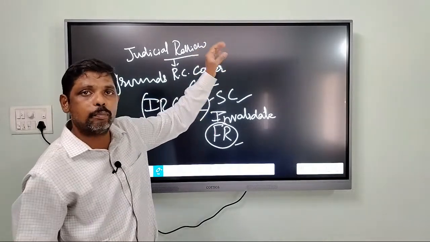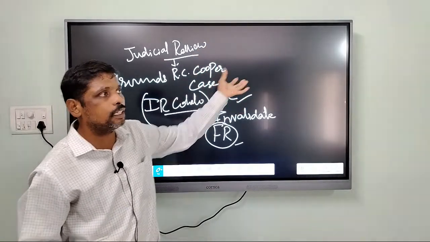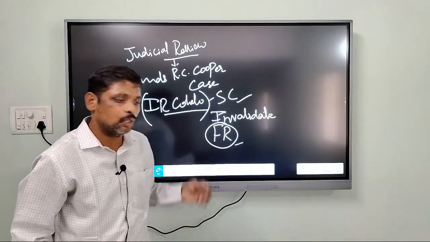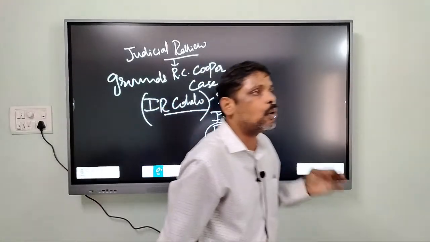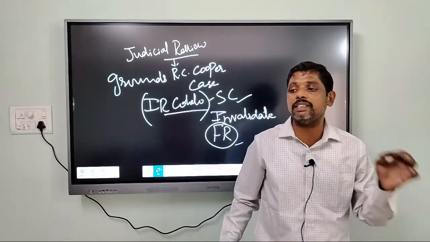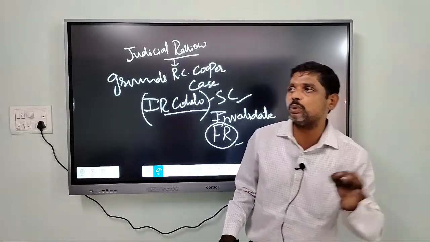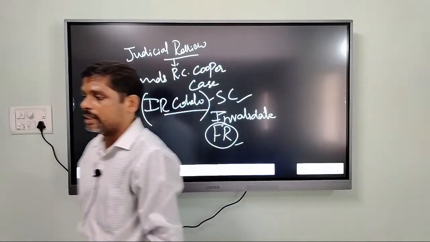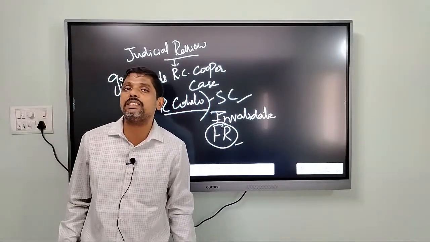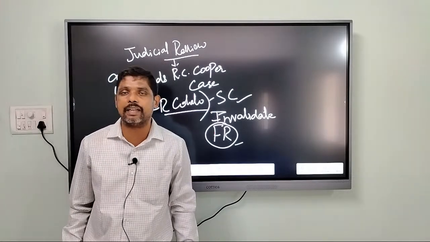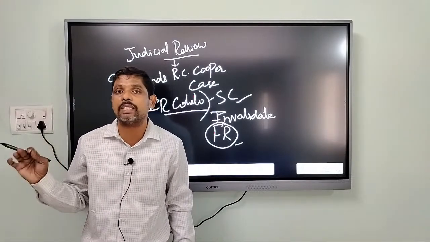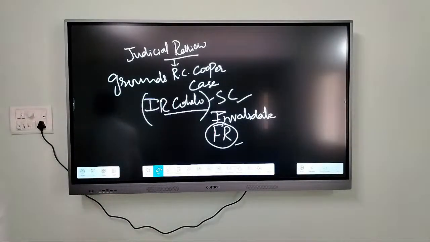So we have seen the procedure for issuing the ordinance, the procedure in Parliament, and the judicial review. Now can we say that there is both a judicial safeguard as well as a legislative safeguard against the misuse of the ordinance-making powers of the President of India?